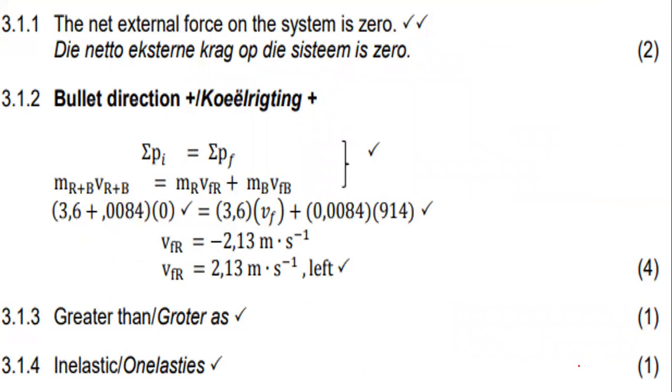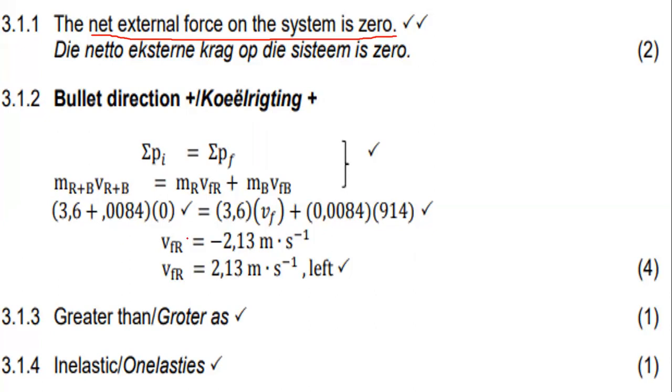We just say the net external force acting on the system is 0. That is what we mean when we talk about an isolated system. It's 2 marks or nothing, so everything must be correct in order for you to get your 2 marks.